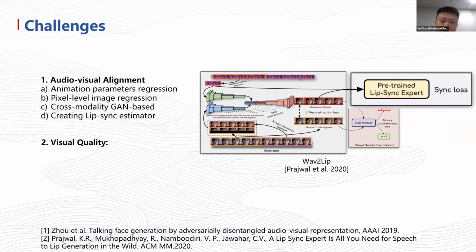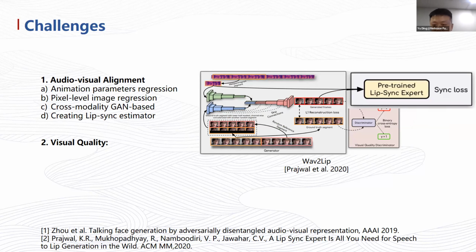And later on, additionally, I'd like to highlight an interesting work, Wav2Lip, as it is dedicated to building a network for an audiovisual synchronization estimator. This is very different from previous works.